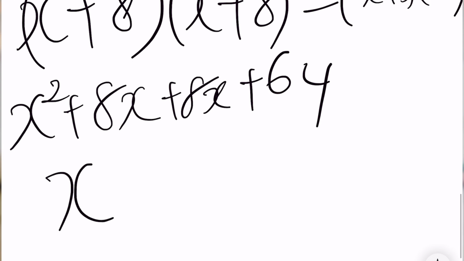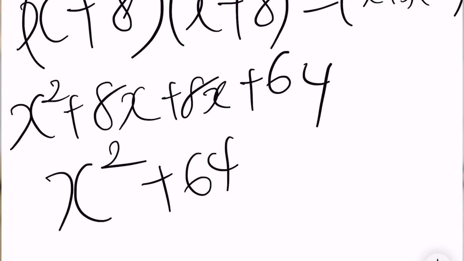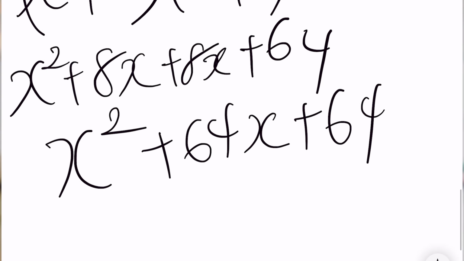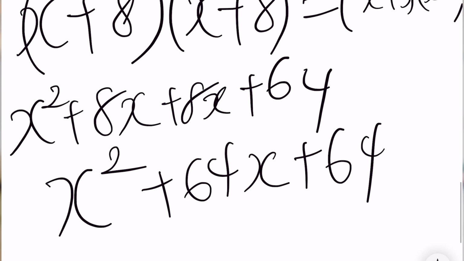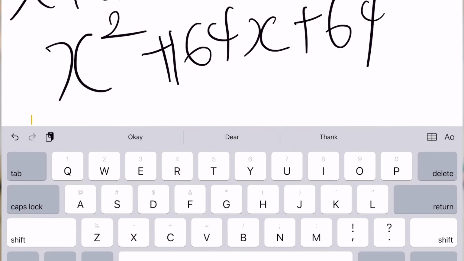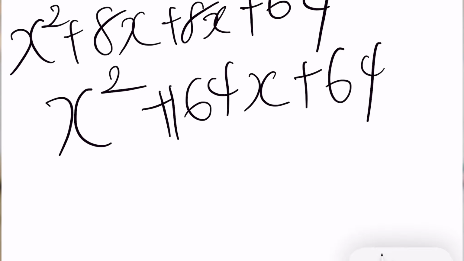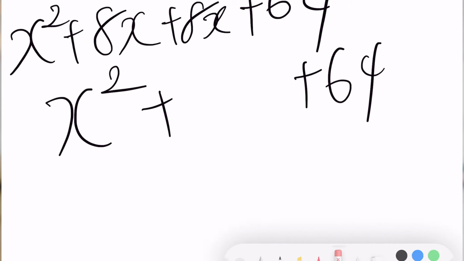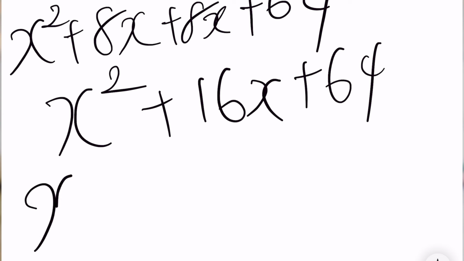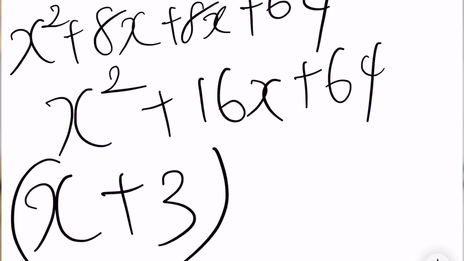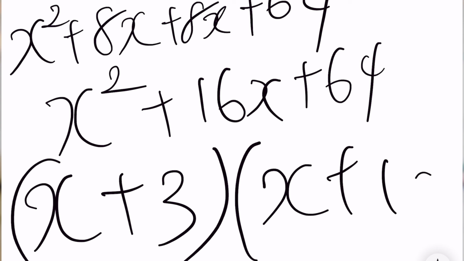We have this to be x squared plus 16x plus 64. And for the next part we have x plus 3 and x plus 18.